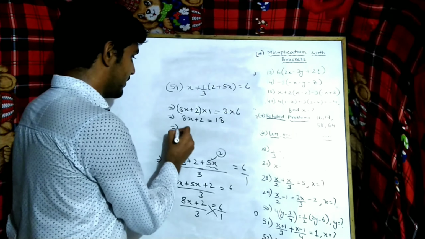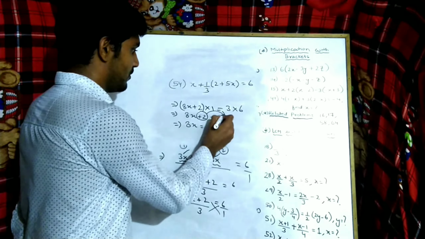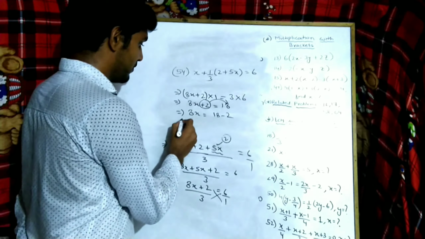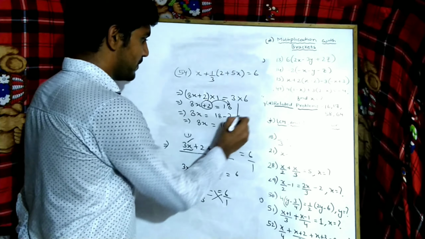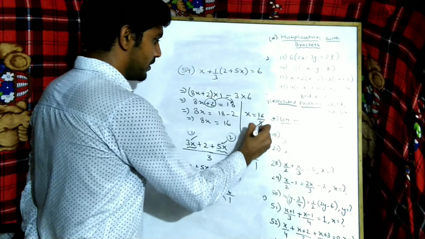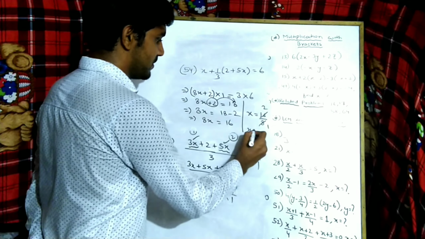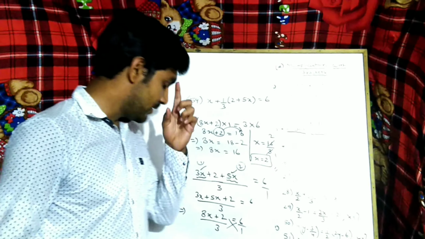Now this 2 goes to that side. The plus goes to that side and becomes minus. So 18 minus 2. So 8x is equal to 16. So this multiplication goes to that side and becomes division. So 16 by 8 comes 2. So x is equal to 2. Clear? I hope you are clear about that.